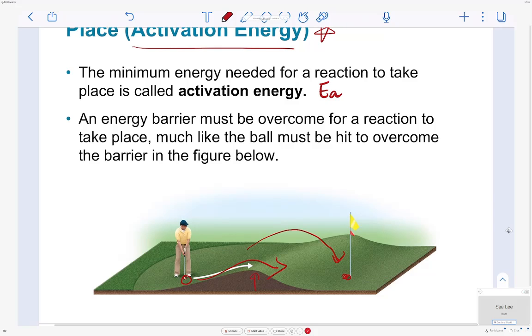If the golfer doesn't impart enough kinetic energy, the ball cannot pass the hill and will just roll back to him. So the minimum energy needed for a reaction is an energy barrier, and this minimum energy is called activation energy.